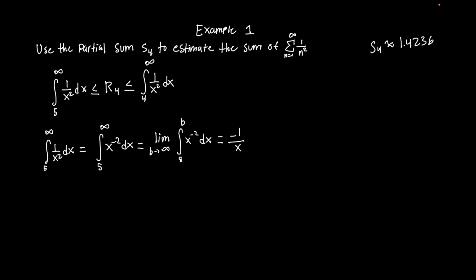Therefore, we're going to have the limit as b approaches infinity of negative 1 over x from b to 5. Now all we've got to do is plug this in.